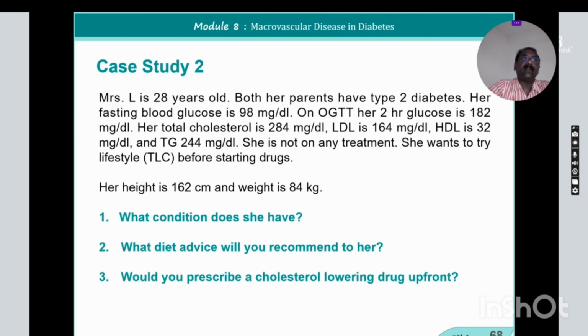Statins will act on all of them: they reduce the LDL, they reduce the triglycerides, they increase the HDL. If you are using fibrates, they reduce the triglycerides, they reduce the LDL, they improve the HDL. Am I clear? So both the statins as well as the fibrates reduce the LDL, reduce the triglycerides, and elevate the HDL.